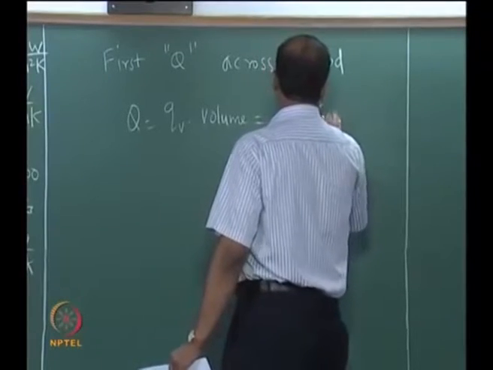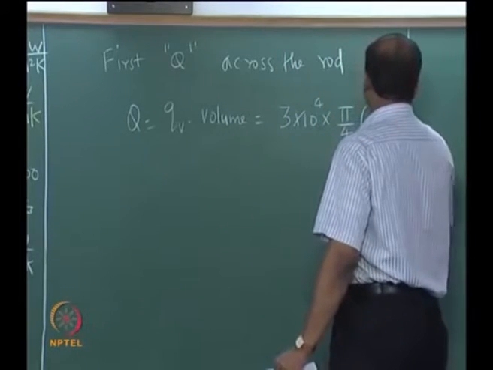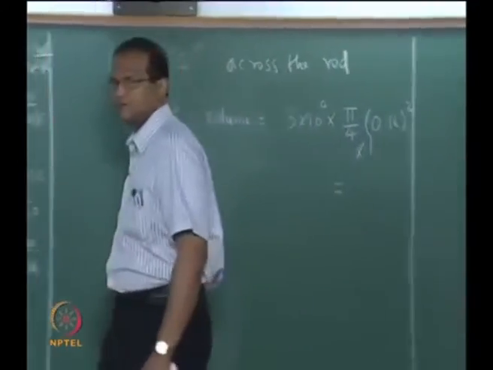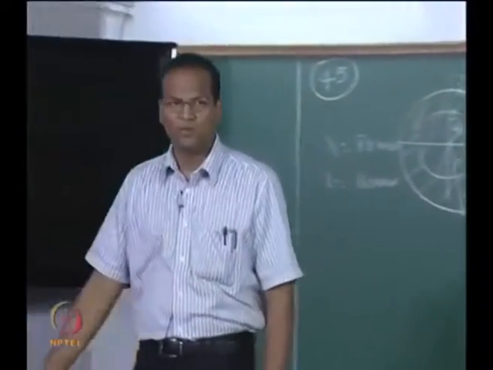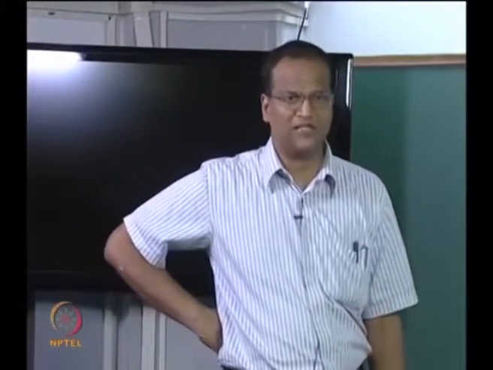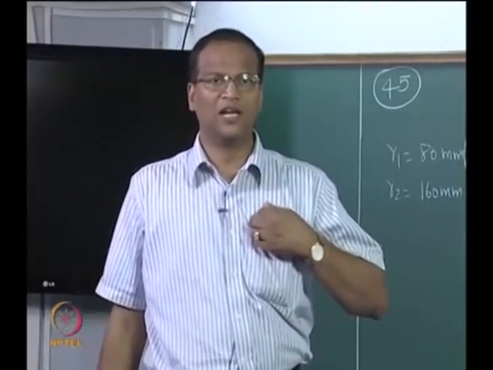We just take 1 meter. Is this correct? 30,000 watts per meter cube into pi by 4 into 0.16, because R is 8 centimeter, D is 16 centimeter, 0.16 into 1. Rohit, is it clear?